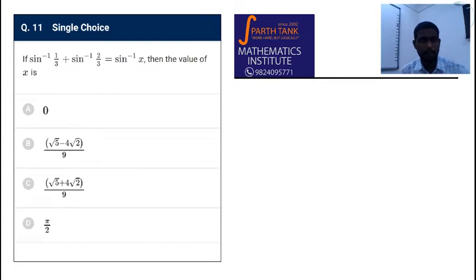Moving on to question number 11. Sine inverse of 1 by 3 plus sine inverse of 2 by 3 is sine inverse of x, and then the value of x is how much? Okay, this again is a very direct question.